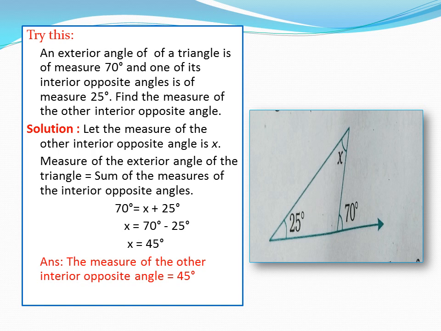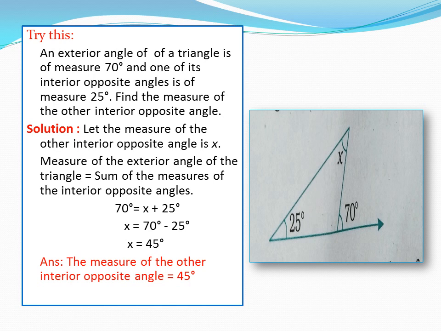An exterior angle of a triangle is of measure 70 degree. When I am reading the question, you have a look on the diagram. That means the outside angle, you can see that 70 degree written, and one of its interior opposite angle is of 25 degree. See the inside angle, one angle it is given down, that is given 25 degree.